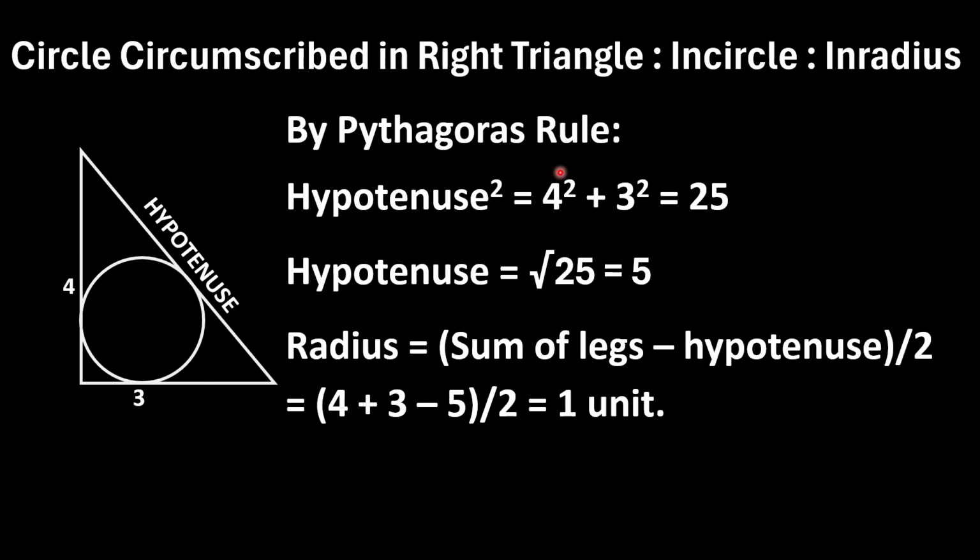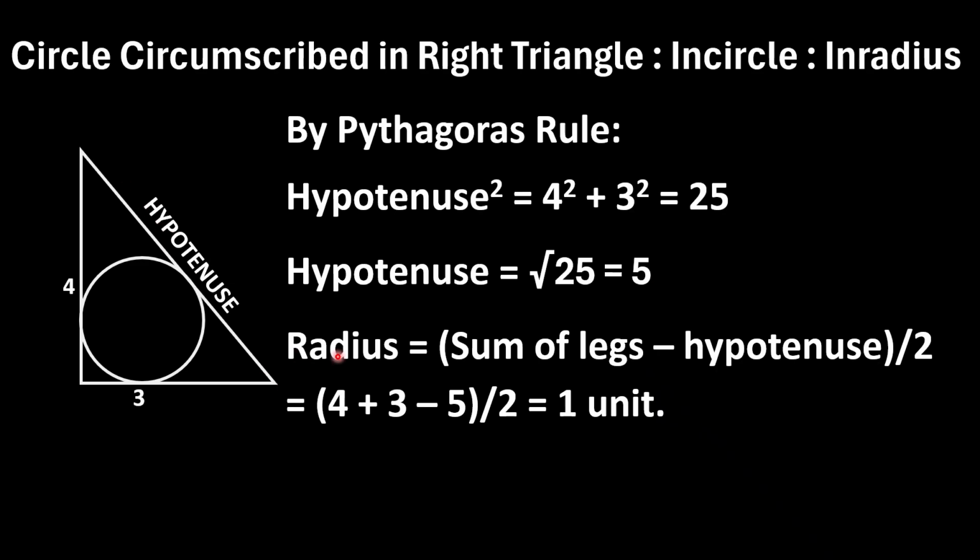By the Pythagoras rule, hypotenuse square is equal to 4 square plus 3 square, that is 16 plus 9, 25. So the hypotenuse is the square root of 25, that is 5. So the hypotenuse is 5 units.